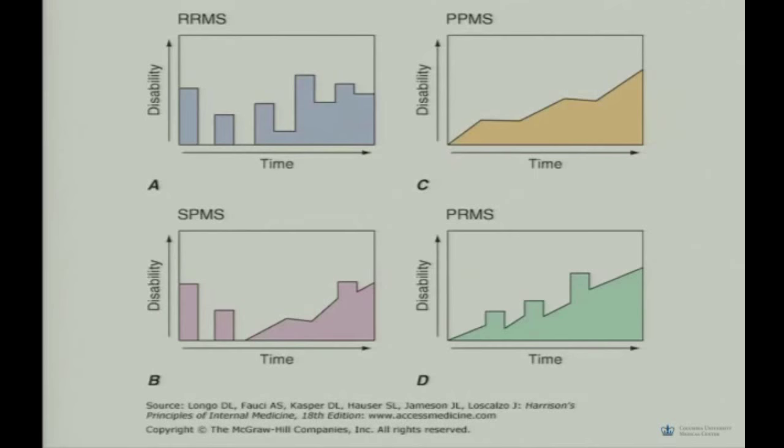And then you notice that this person completely recovers. A total recovery. Then they have another relapse and a total recovery. Then they have another relapse and a less than total recovery. And then with every relapse, they are losing more and more function. Okay? And that's how the disease progresses. That's 85% of the time.